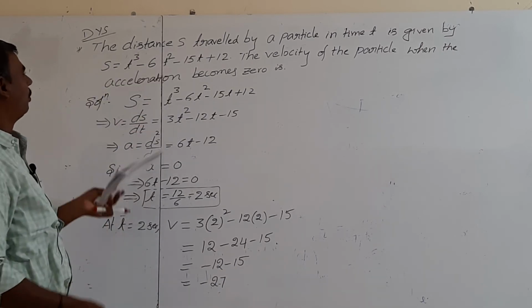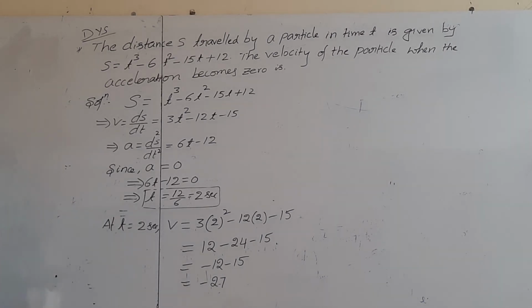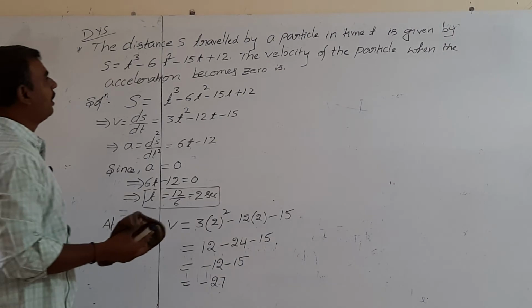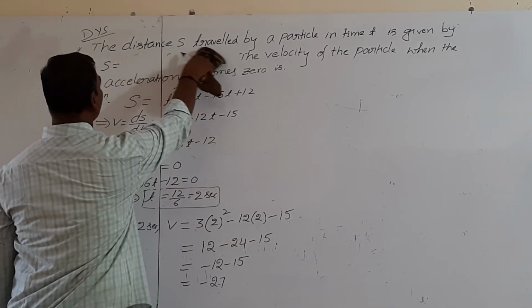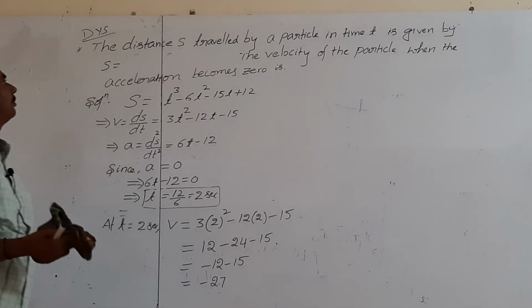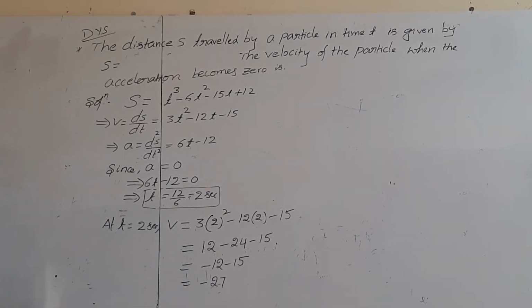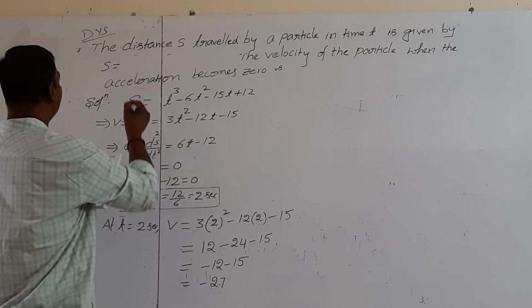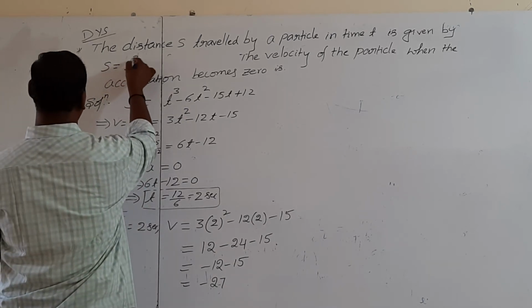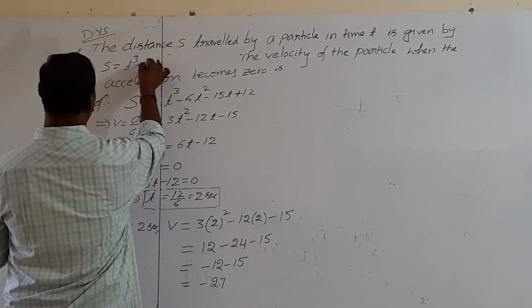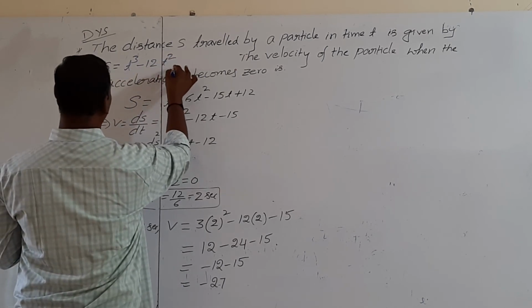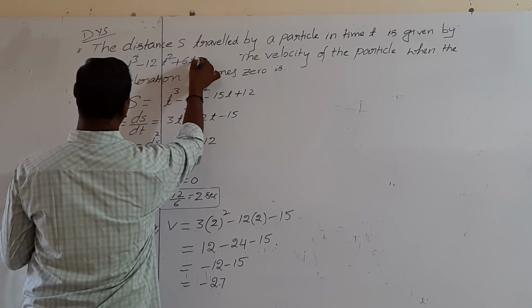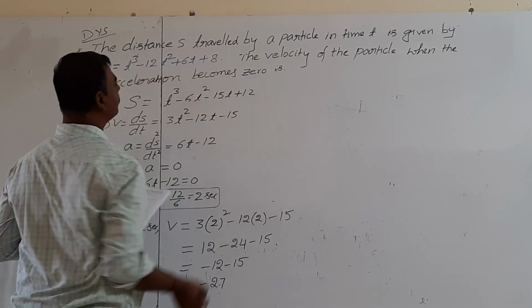Take the homework problem. The distance S travelled by a particle in time t is given by S is equal to t raised to 3 minus 12t square plus 6t plus 8.